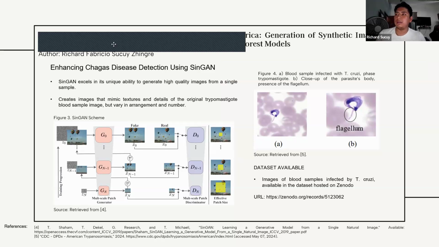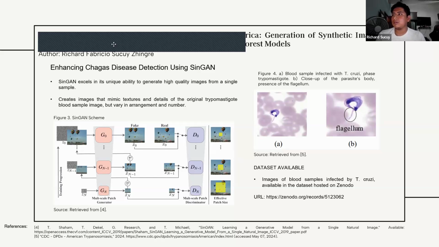Illustration 4 is about the low sample effect with Trypanosoma cruzi. Illustration A shows the Trypomastigote of Trypanosoma cruzi. B is a close up of the parasite body, showing the flagellum.